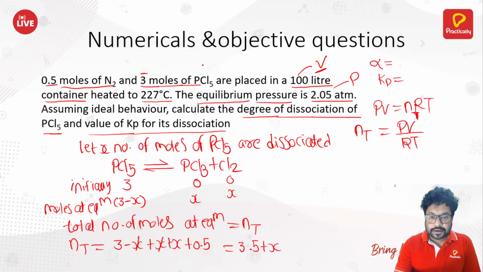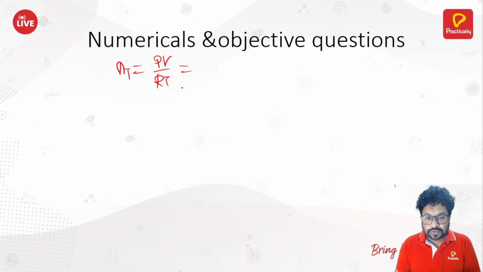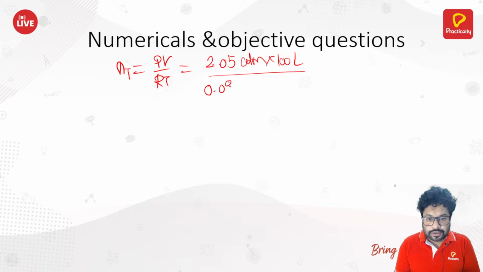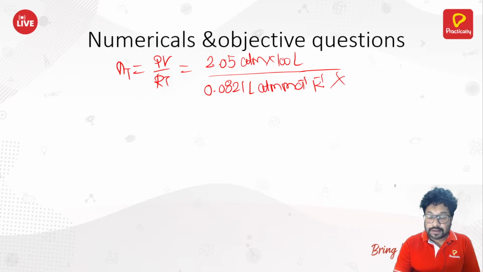What are P, V and T there? P is equal to 2.05 atm. Volume is 100 liters. R is 0.0821 liter atmosphere per mole per Kelvin, multiplied by the temperature.